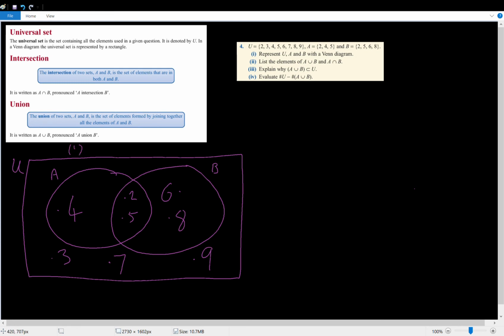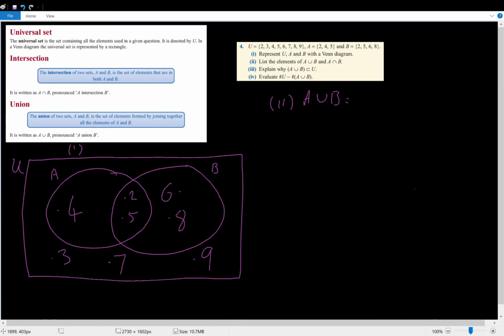Represent U, A, and B with a Venn diagram. For part 2, we have to list the elements of A union B and A intersection B. So, A union B is what you get when you combine the two sets together.